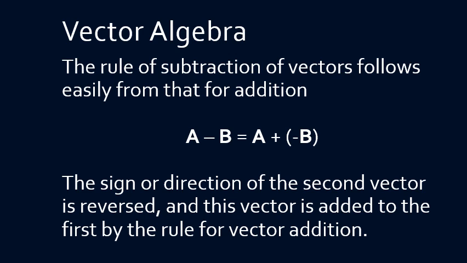So it's just like addition again, but what we did is reverse the sign of the second vector, then proceed to addition. That is the same as subtracting the two vectors.